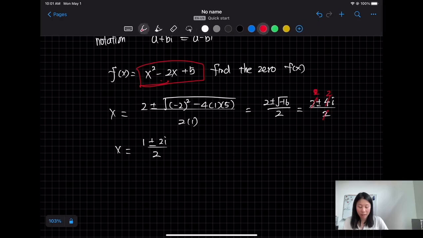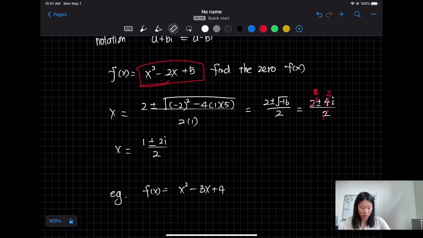If I told you that the root is, for example, f(x) equals x squared minus 5x minus 6, in this one I can factor it into (x minus 6) times (x plus 1).